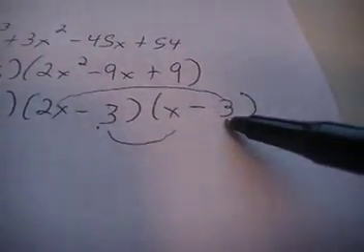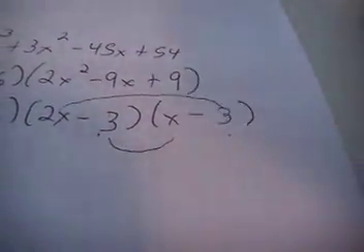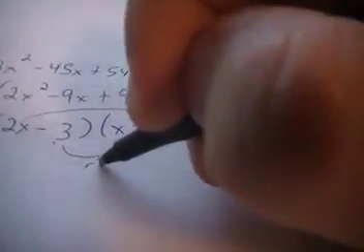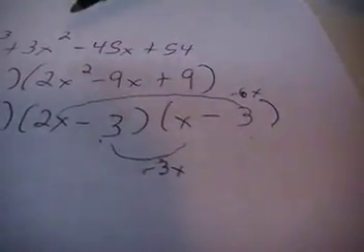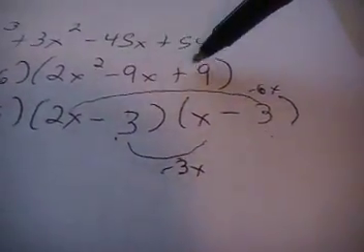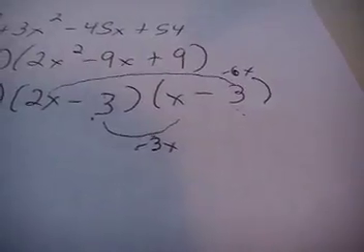2x times negative 3 is negative 6x. Negative 3 times x is negative 3x. So if you have a negative 6x and a negative 3x, yes, that adds up to negative 9x. So if I was given this quadratic to factor back in chapter 1, it would factor into 2x minus 3 and x minus 3 just using factoring techniques.